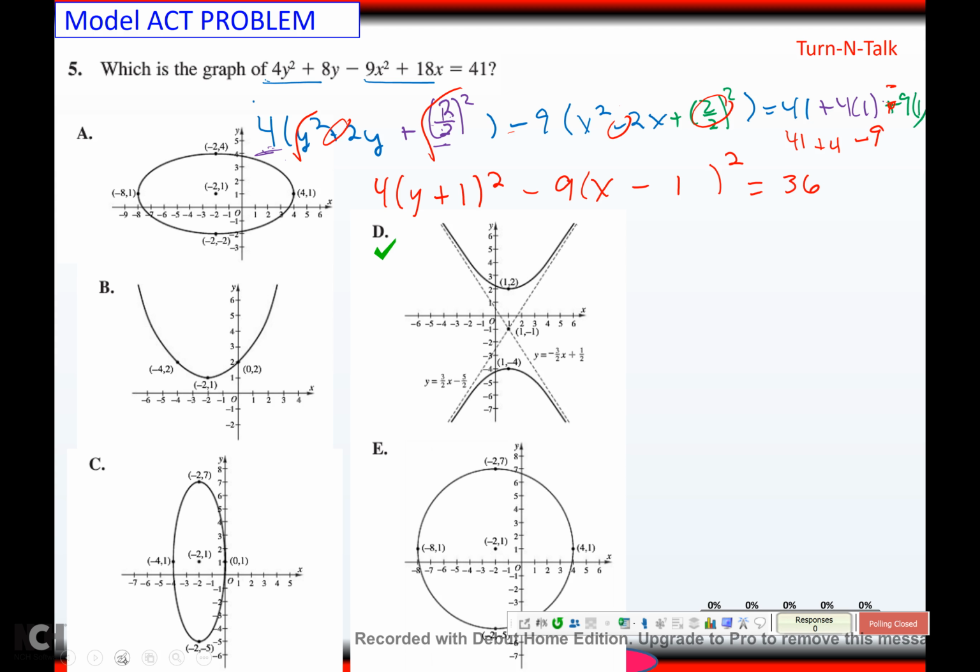So now, to see what it is, it's got to either be a circle, an ellipse, or a hyperbola, obviously. Well, if it's an ellipse or a hyperbola, 1 has to be over here.